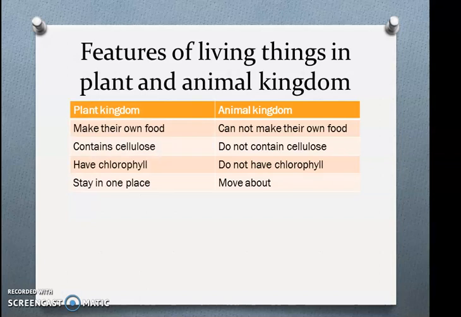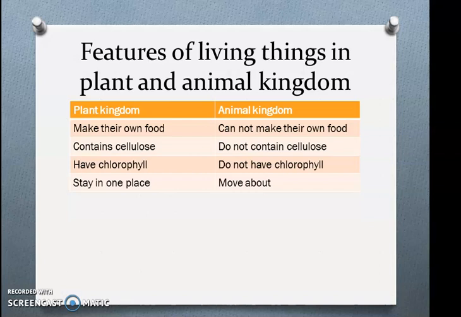The main difference is that plants make their own food, but animals cannot make their own food. This is a major difference between the plant kingdom and animal kingdom.